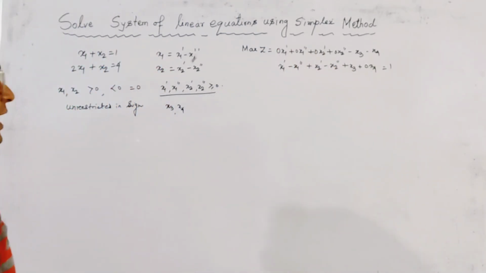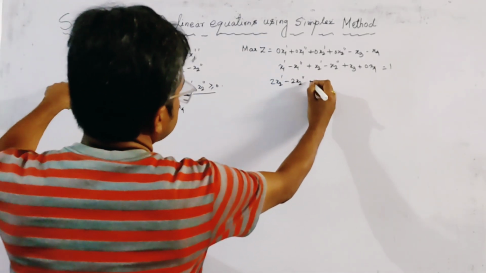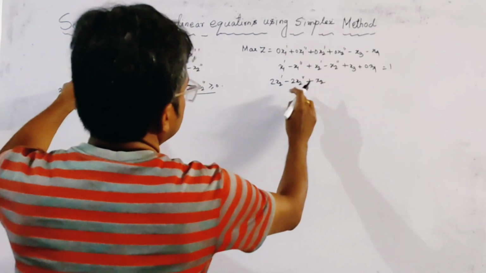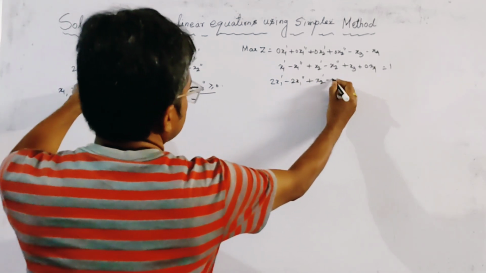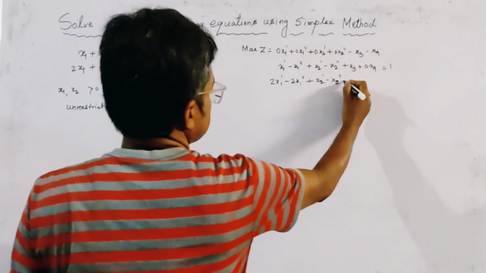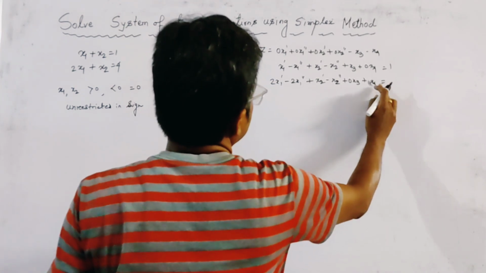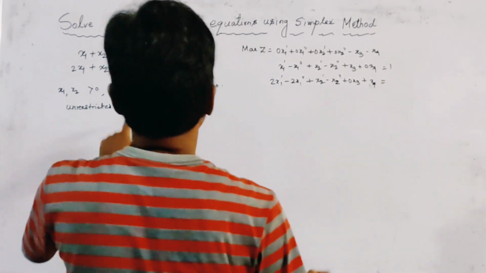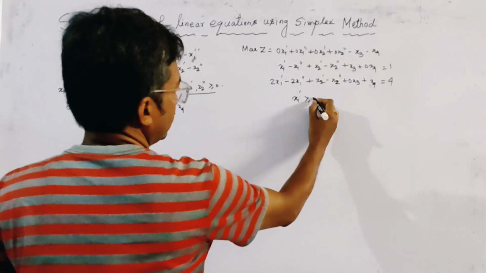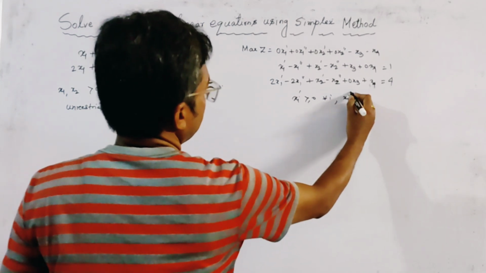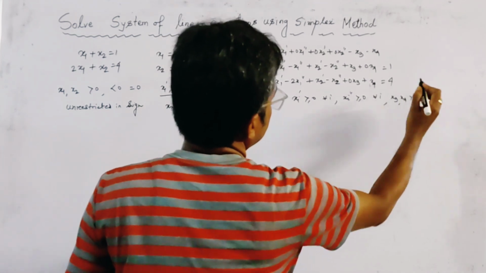The second constraint is 2x1' - 2x1'' + x2' - x2'' + 0x3 + x4 = 4, with xi' ≥ 0 and xi'' ≥ 0 for all i, and x3, x4 ≥ 0.